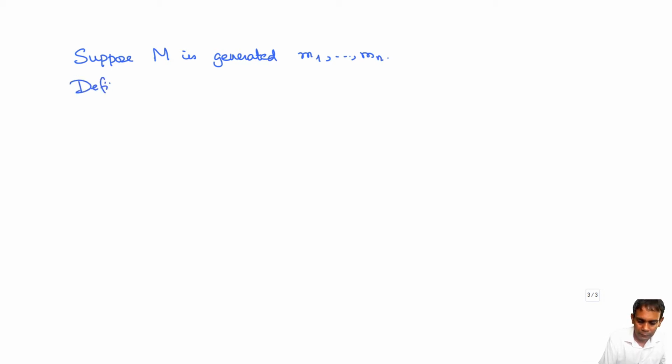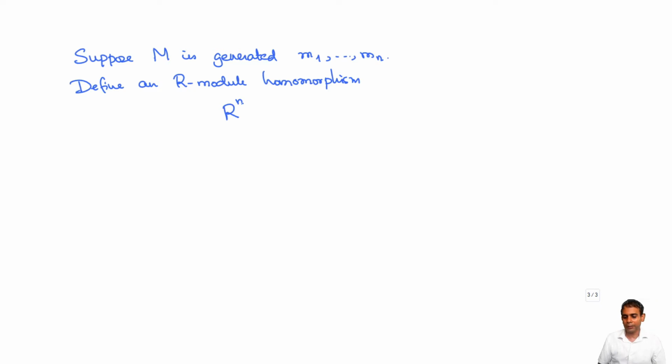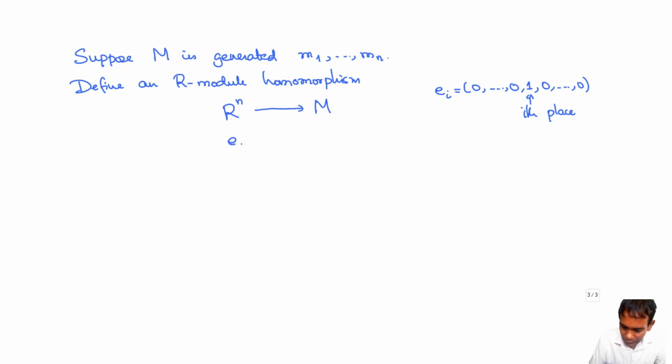Then define an R module homomorphism from R^n, which is R direct sum R n times, to M. This is an R module, and we define the homomorphism as follows: you let ei denote the element which is 0 at all places except for a 1 at the ith place, a coordinate vector, so to speak, by taking ei to mi.